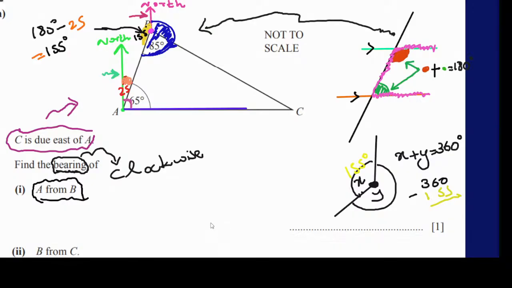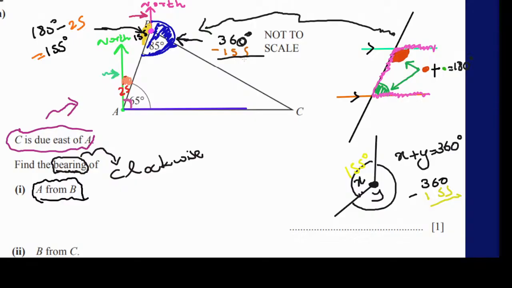We know angles around this point B got to add up to 360 degrees. So if this yellow angle is 155, what should be this blue angle's value? That is 360 minus 155.